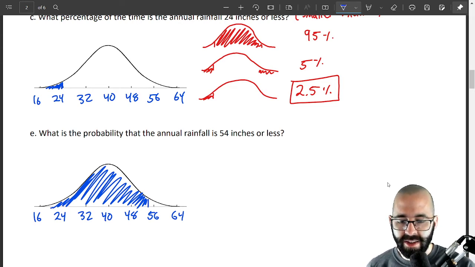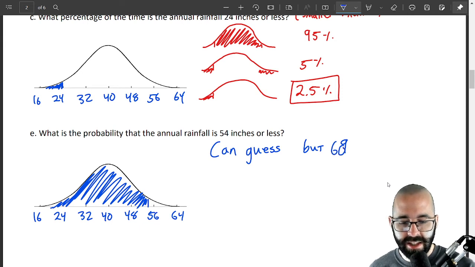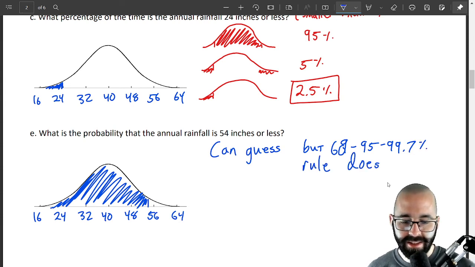We're going to have to guess twice. But the empirical rule, the 68, 95, 99.7% rule, doesn't help us.